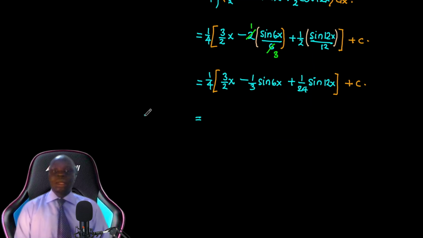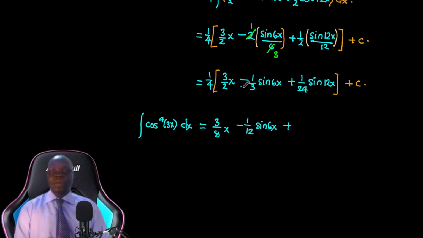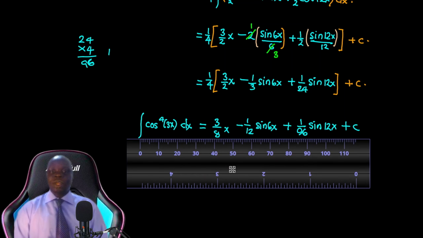So we can go ahead and say, the integral of cosine to the power of 4 of 3x with respect to x is equivalent to, there's nothing that cancels here, we just simply multiply the numerator by 3 and the denominator by 8, x minus, when you open up the bracket, we have here 1/12 sine 6x plus, if we open up this bracket, then we have something to multiply here, that is 24 by 4, and we know when you multiply 4 by 4, we get 16, we have a 1, this is 8 plus 1, that is 9, so we have 1/96, and that is sine of 12x plus the constant of integration. So this is the solution for the second question.